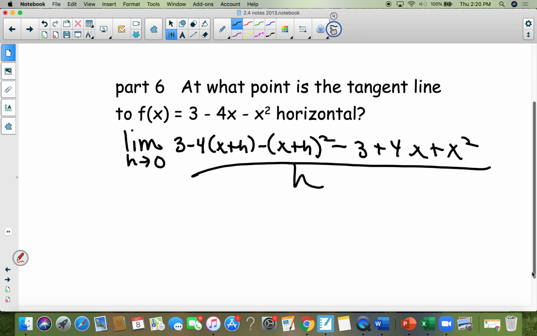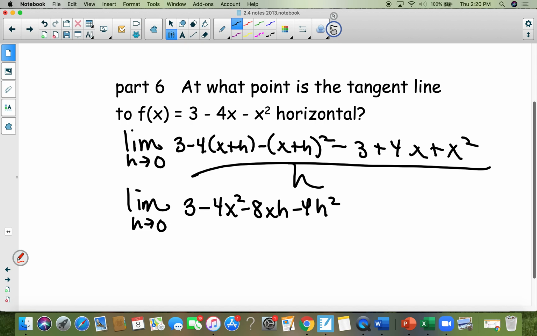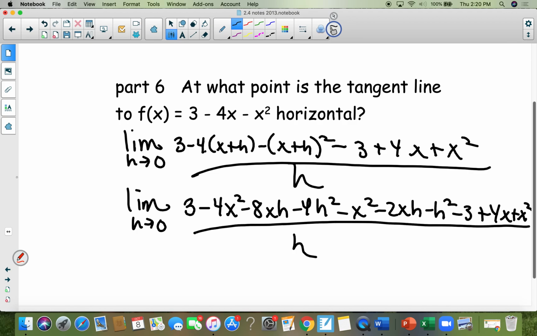In place of all the x's, I put x plus h, and I changed the signs to their opposites to go a little faster. The limit, as h approaches 0, of 3 minus 4x squared minus 8xh minus 4h squared minus x squared minus 2xh minus h squared minus 3 plus 4x plus x squared all over h.